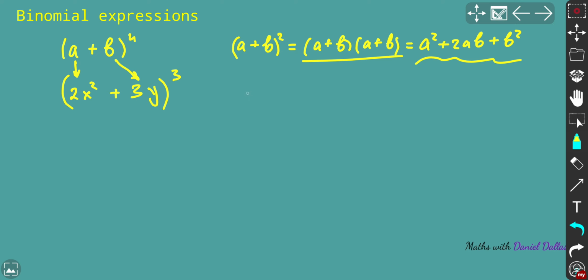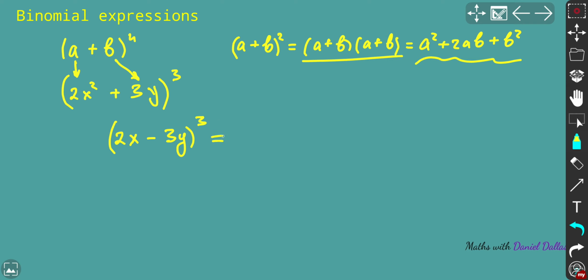By the way, in some examples, instead of, let's say, 2x squared plus 3y, you might have something like 2x minus 3y. How do we work in this case, let's say, with power 3?